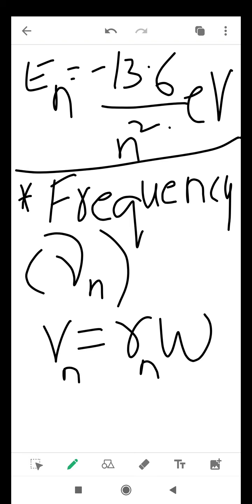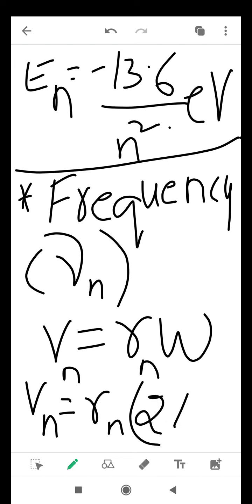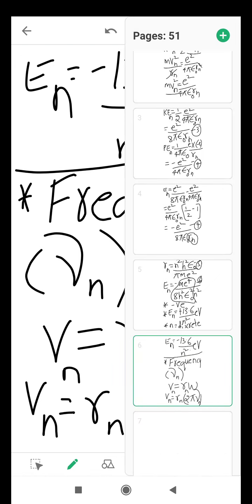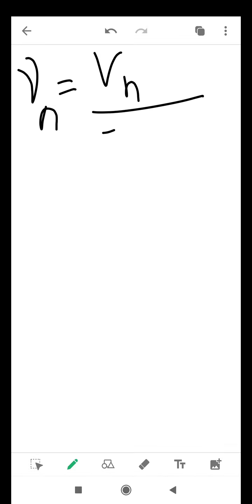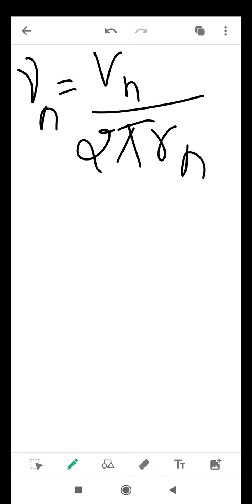Therefore Vn is equal to Rn omega, and omega is given by 2 pi mu n. From this get the value of mu. Therefore frequency mu n is equal to Vn divided by 2 pi Rn.